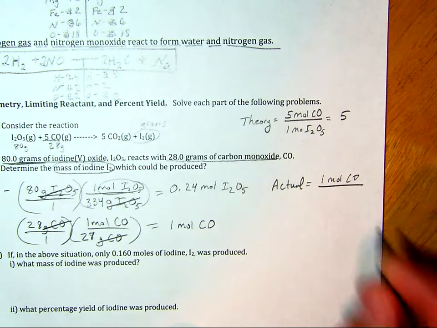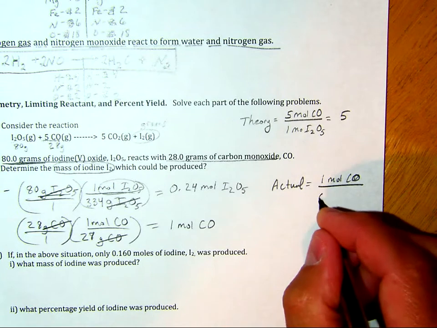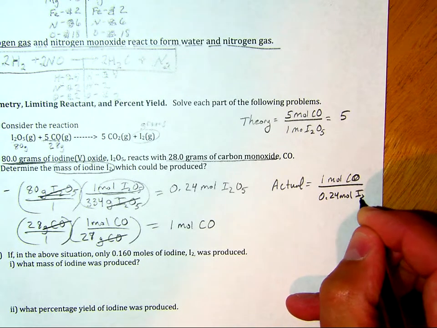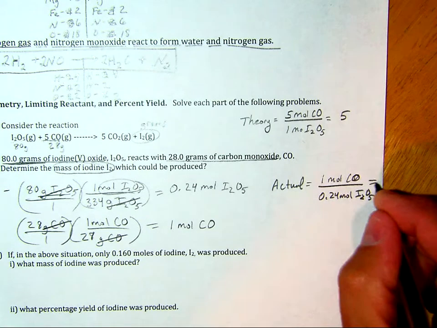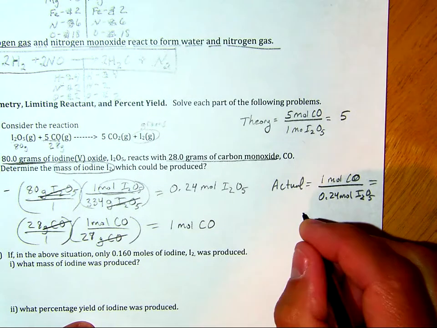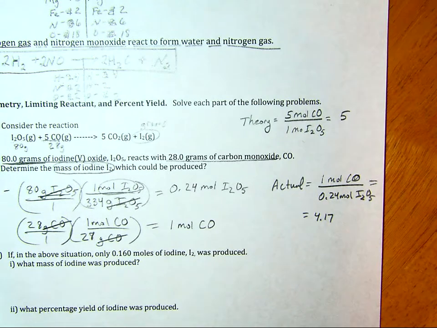So we actually had 1 mole of carbon monoxide and 0.24 moles of I2O5. So let's put a number to that. Take 1 and divide that by 0.24, and I'm getting 4.17. That's my actual mole ratio.